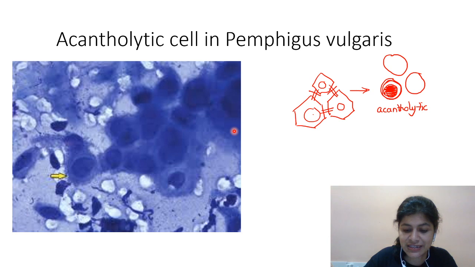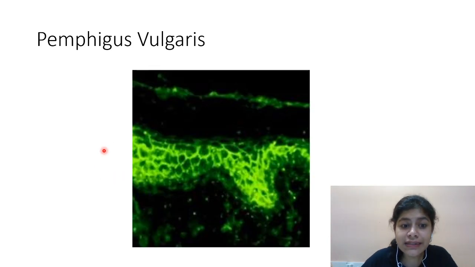Okay, now let's see what happens on the direct immunofluorescence. Now on direct immunofluorescence, first of all, what is direct immunofluorescence? Now if you have a patient of pemphigus vulgaris, as that lady who was the question in our question number 1, if you want to do a bedside investigation, what will you do?